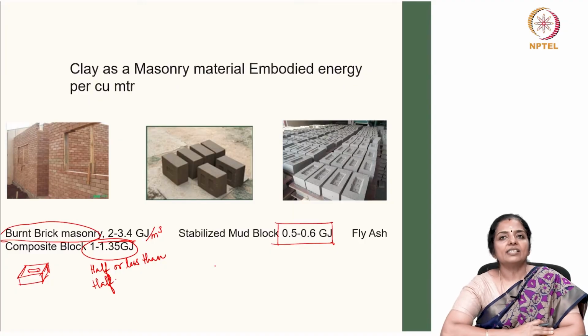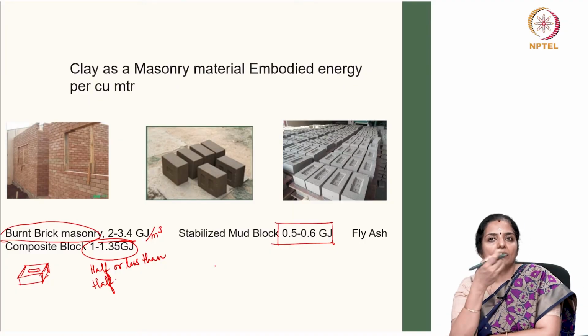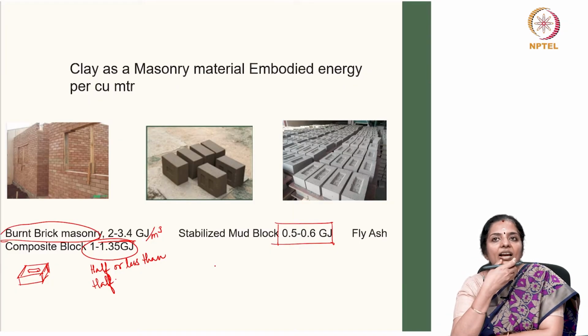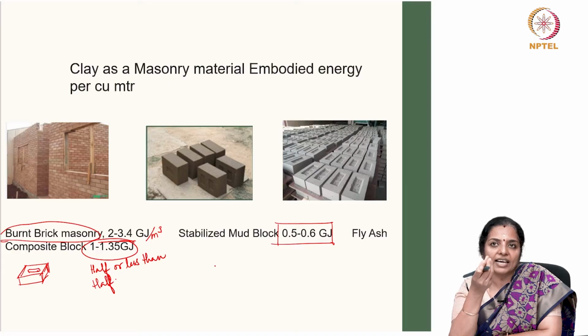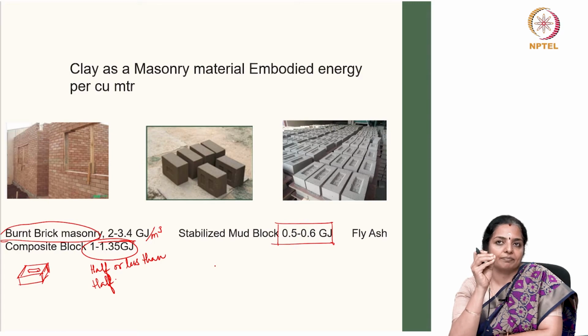If we look at the embodied energy of stabilized mud block, it is almost 1/4 of that of burnt brick. Burnt bricks are basically manufactured by burning the bricks at high temperature. You process the clay, and the minerals found in the clay undergo irreversible changes which give strength to the brick.